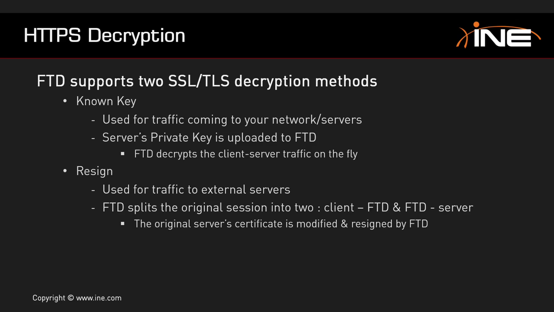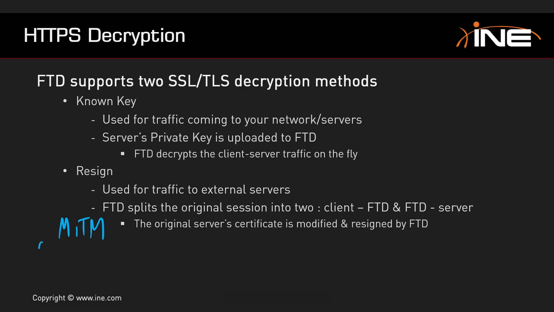So we will not be able to get private keys bound to those servers, which means that FTD will have to somehow mimic the real server to the client, and it will have to mimic the client to the real server. So in this case, FTD is going to actually act as a man in the middle.